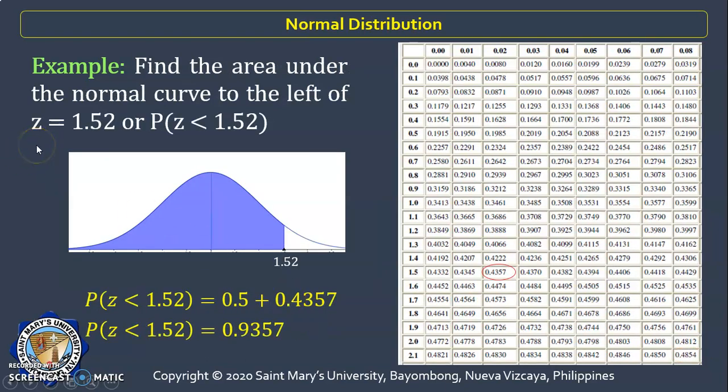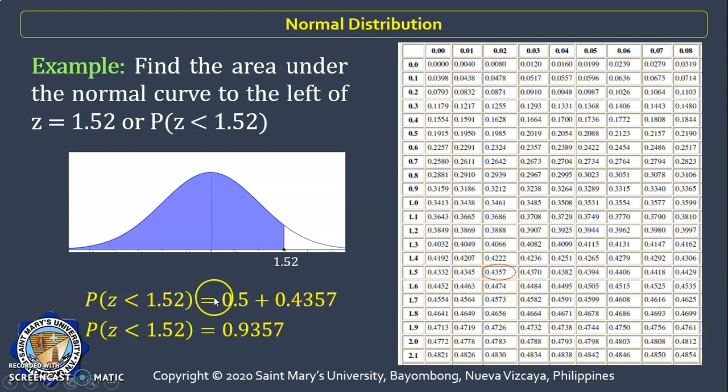Let's see how this goes. Find the area under the normal curve to the left of z equals 1.52. To the left. So our 1.52 is on the right side of 0 and it is to the left, meaning all values less than 1.52. So we shade all of those. So what will be the area of this? We know that the left side portion has an area of 0.5 plus the area from 0 to 1.52, which is 0.4357.